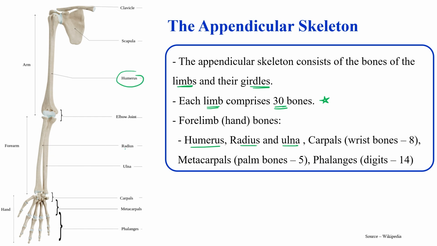This is the radioulna. This is again carpals, then metacarpals, then phalanges. So 1, 2, 3, then carpals means wrist bones, bones present in the wrist region, 8. Metacarpals means palm, 5. Phalanges, digits, 14. So collectively, if you count all these, 30 in number.